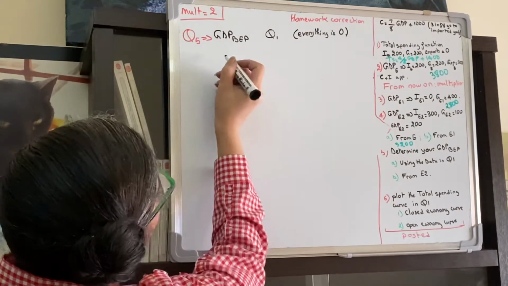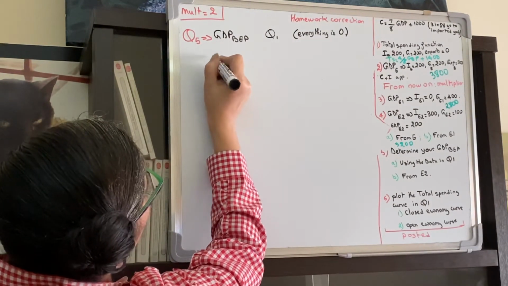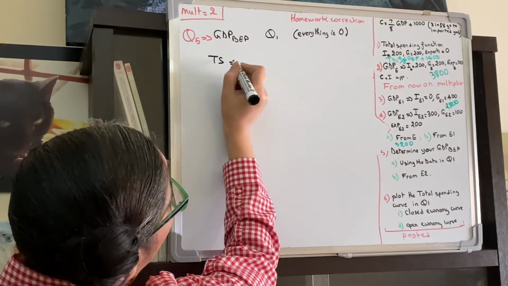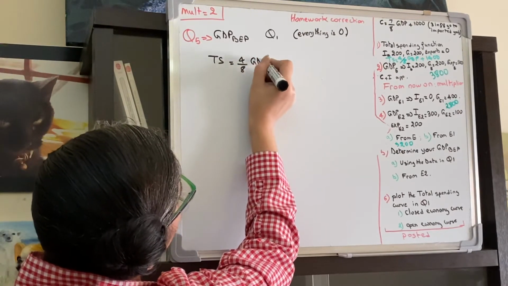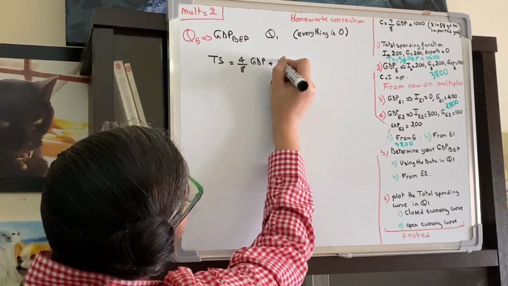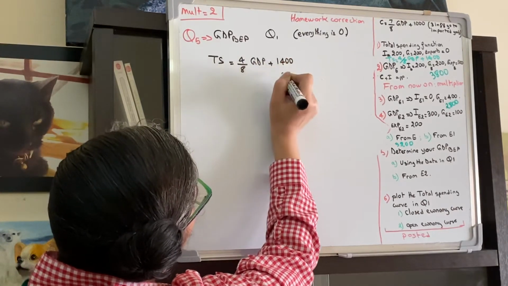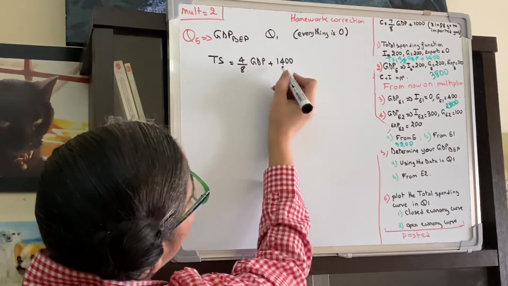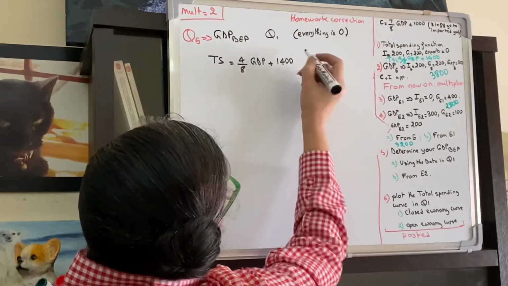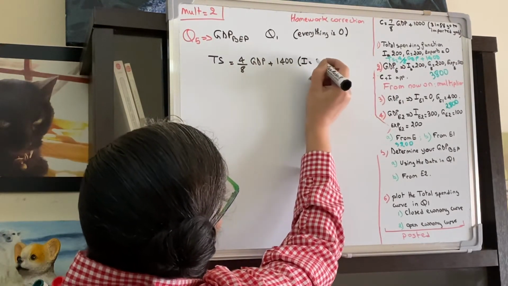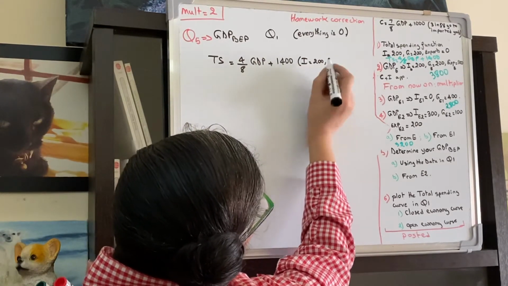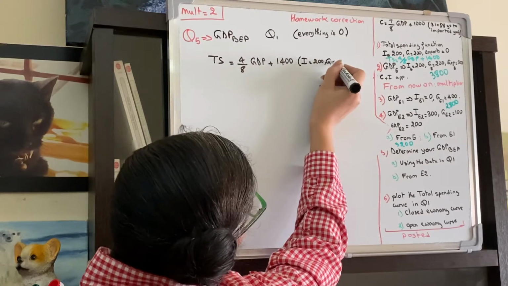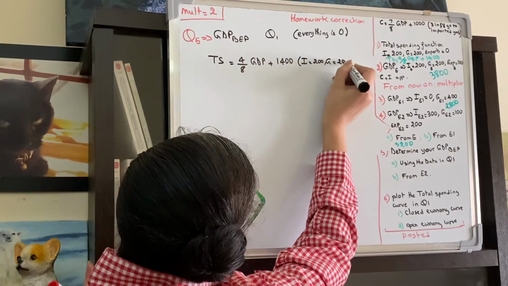Question 1, I had total spending equal to 4/8 GDP plus 1,400. But I know that I had here investment was equal to 200 and government was equal to 200.